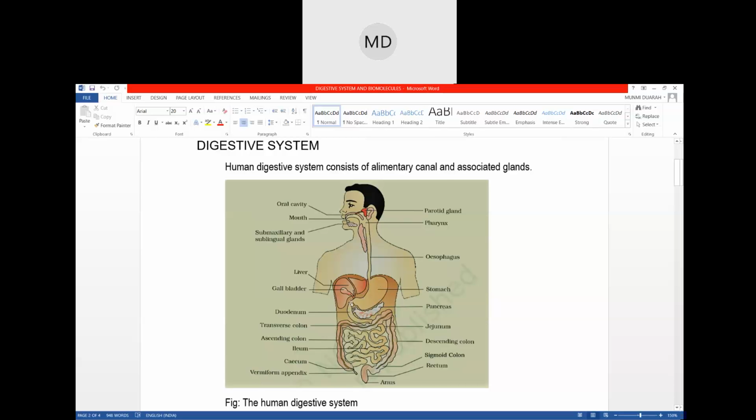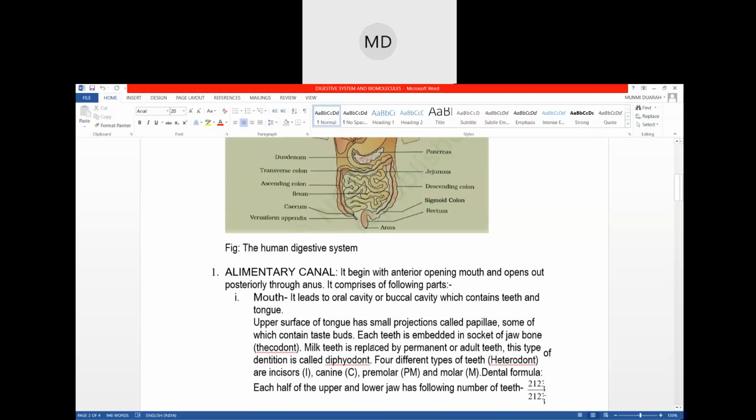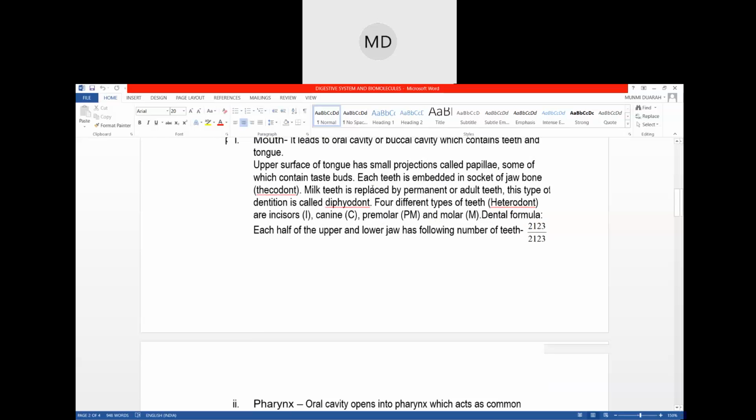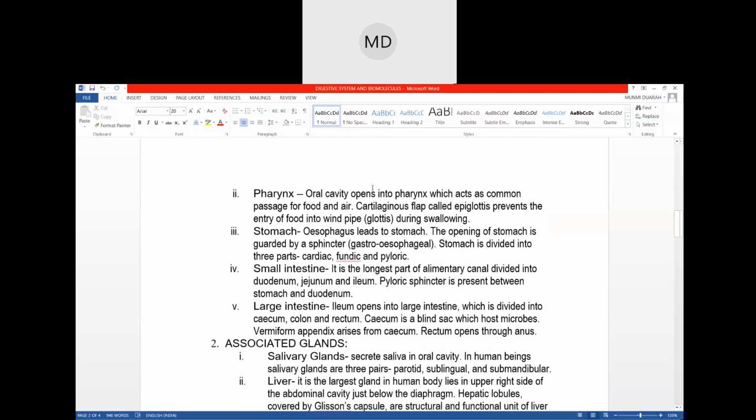Everywhere digestion will take place. And then the food will pass to the large intestine, and it will be processed in the intestines and then come out of the body. It's the waste materials or the excreta, you can say.